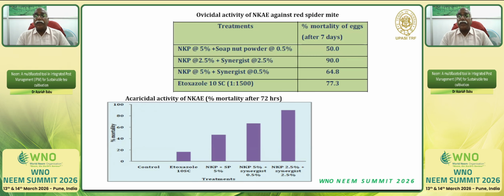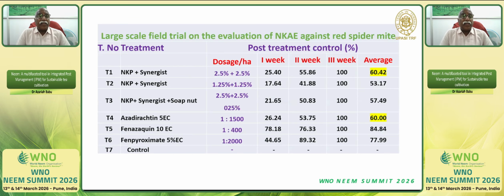For ovicidal activity, with different treatments of 5%, 2.5%, and the synergist, we found that within 7 days around 90% egg killing was noticed. Based on that, we have done large-scale field trials evaluating NKE against the red spider mite.